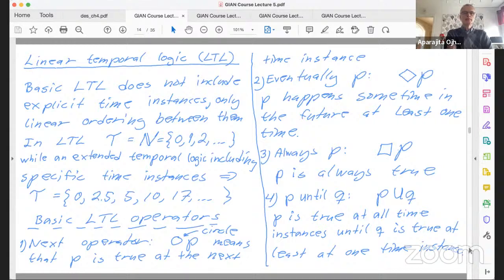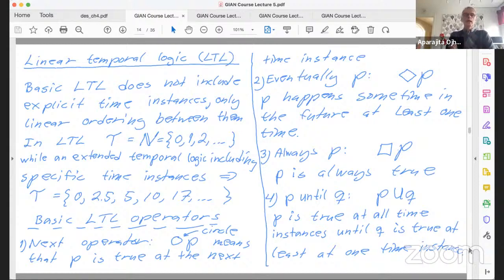So basic LTL does not include explicit time instances, only linear ordering between them. That means that time is just described as a number of integers: 0, 1, 2, etc. It does not mean that we have a specific time scale with, say, one update every second or every minute.